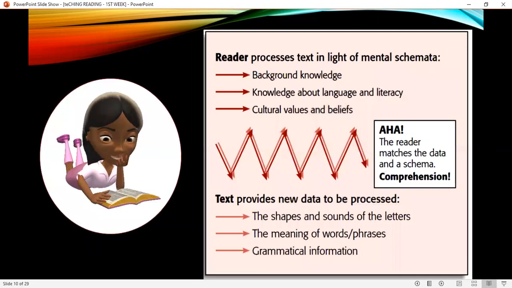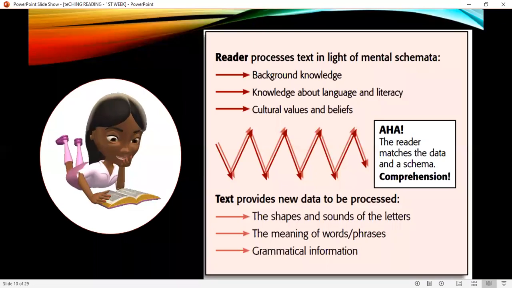to analyze this graphic. Notice this graphic, all right? On the top part, we have the reader, and at the bottom, we have the text. And notice the arrows. In the first part, at the top, we have, in a linear way, background knowledge, knowledge about language and literacy. This is one of the terms that we are going to analyze later, yeah?